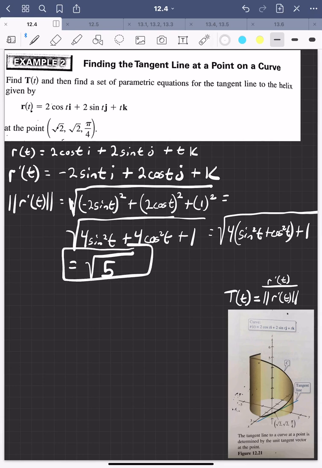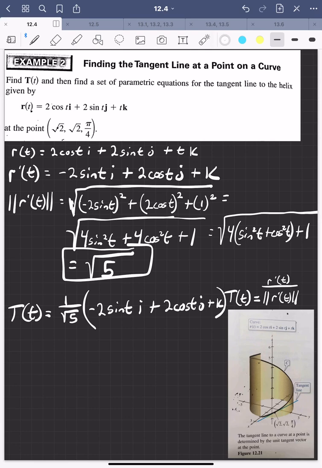So let me go ahead and build my T of t, and then I'll get back to the question and figure out what it is that they want us to do. So that's 1 over the square root of 5, now multiplied by r prime. So that's going to be negative 2 sine of t i plus 2 cosine of t j plus k.